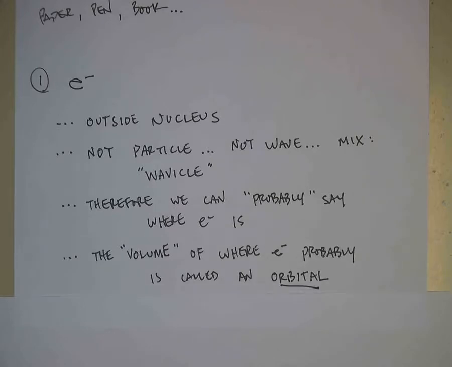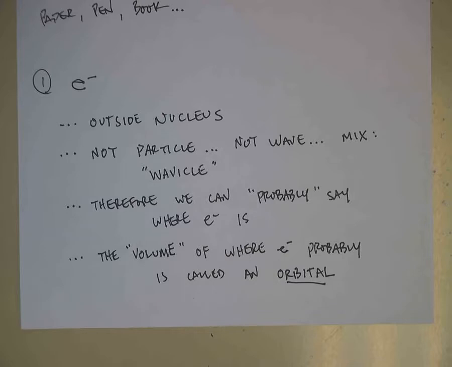This volume, or this space where electrons probably are, has a special name. They're called orbitals, or an orbital, O-R-B-I-T-A-L. Don't confuse that with an orbit, like the Earth going around the sun. An orbital is actually a physical, three-dimensional space that describes where the electron probably is.